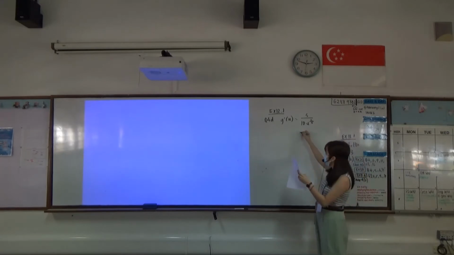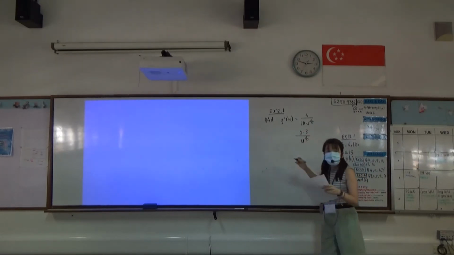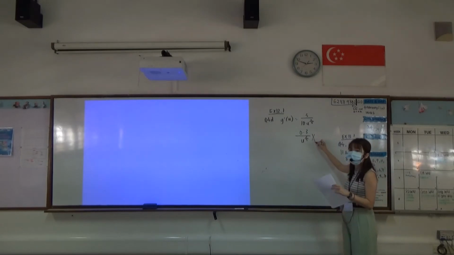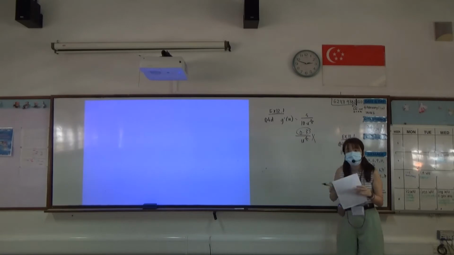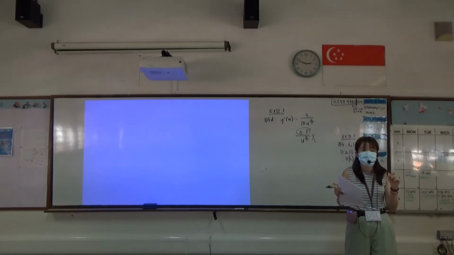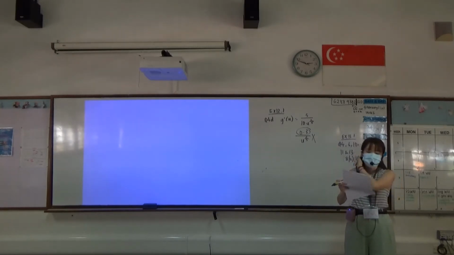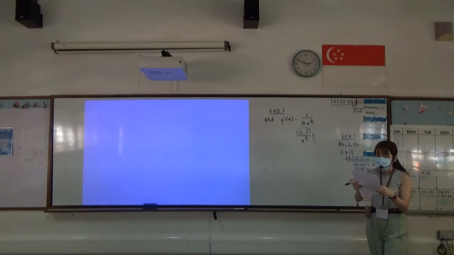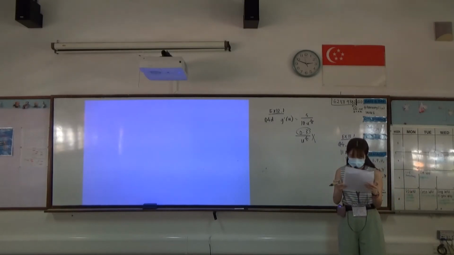There are a number of you who gave me 0.3/u to the power of 2/5. Do take note that this is unacceptable because in a fraction, we don't put a decimal in the numerator or denominator. So try to have things in the fraction itself as integers rather than as decimals. So that's the reason why I marked wrong for 4D for a number of you.